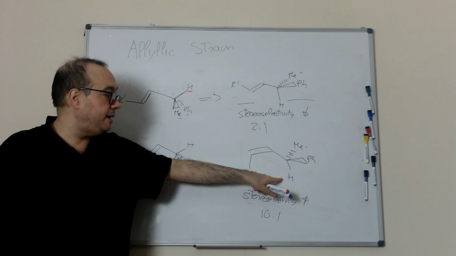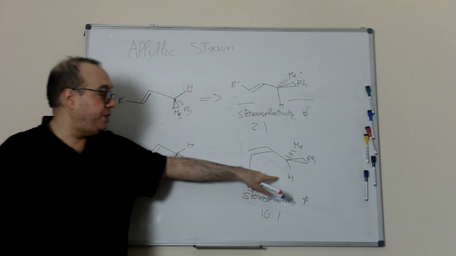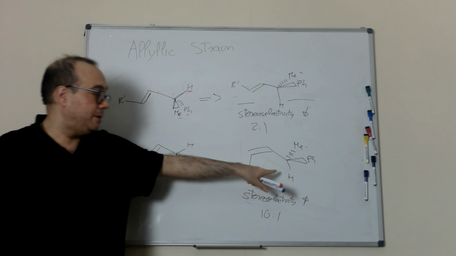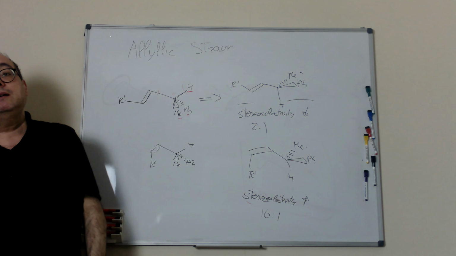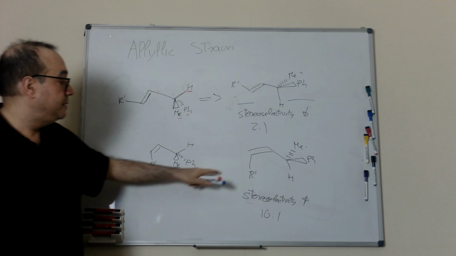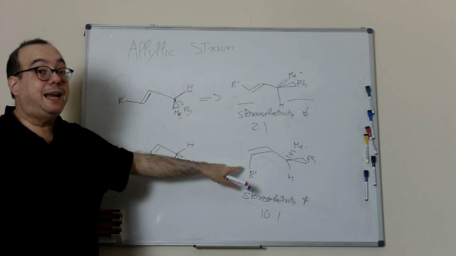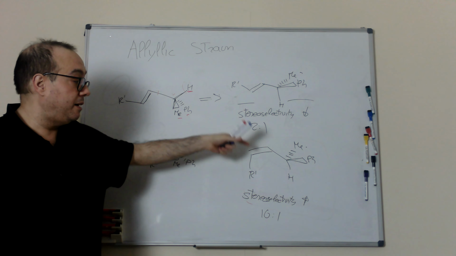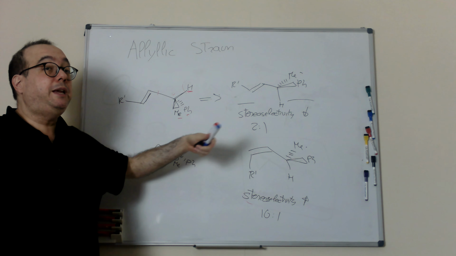And I have a metal here, because I have a huge interaction between this R prime and the metal, makes that the energy of this other conformer be a lot higher.